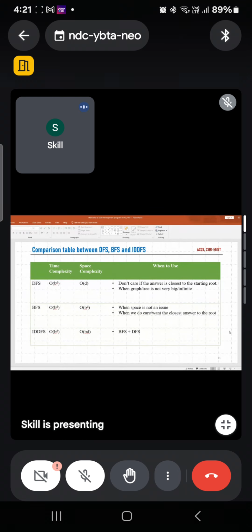So in the worst case, when a graph is searched, the space complexity will be order of b into d, which will be higher. So it will use both BFS and DFS for iteration.